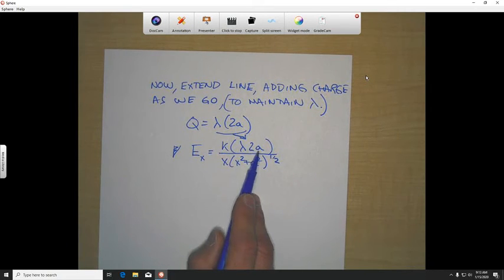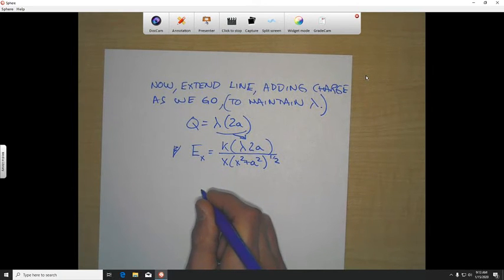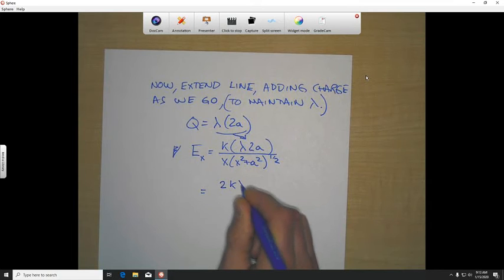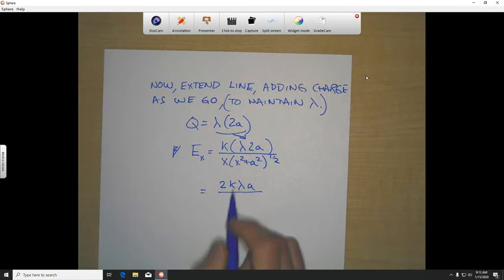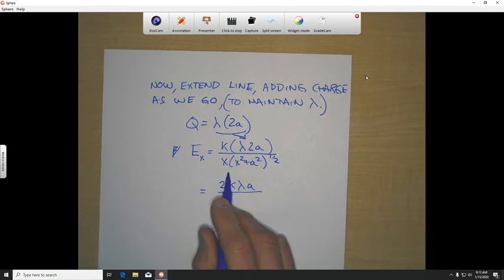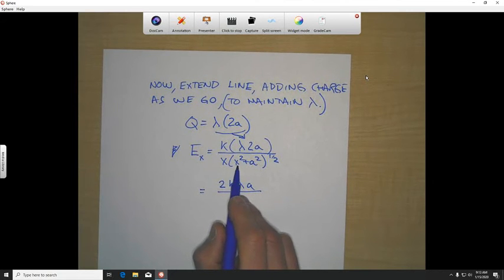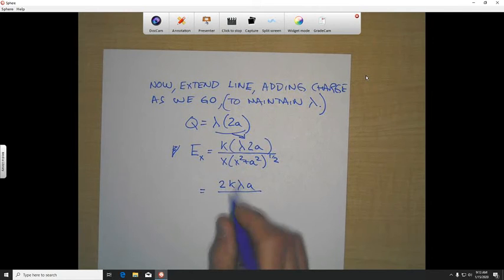Okay. So now let's simplify this. We've got 2k lambda a. All right, and down here, I'm going to do a little bit of tricky stuff. I'm going to write x out in the front, and then I'm going to factor out an a squared.